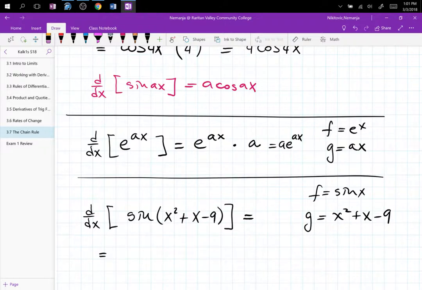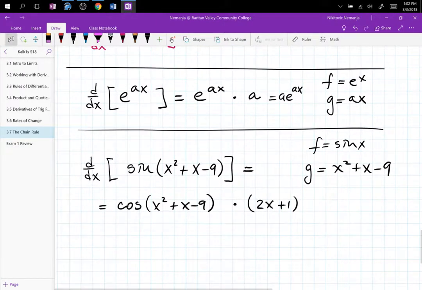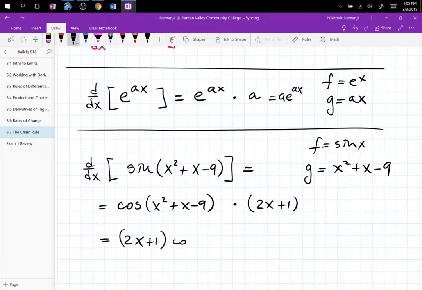Cosine of what? It's the cosine of g of x. And g of x is the whole thing. So cosine of g of x times the derivative of the inside, which is 2x plus 1, for a total of 2x plus 1 times cosine of x squared plus x minus 9.